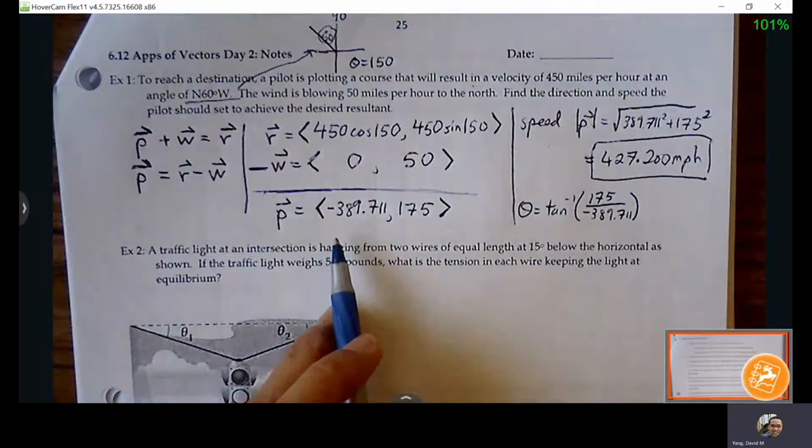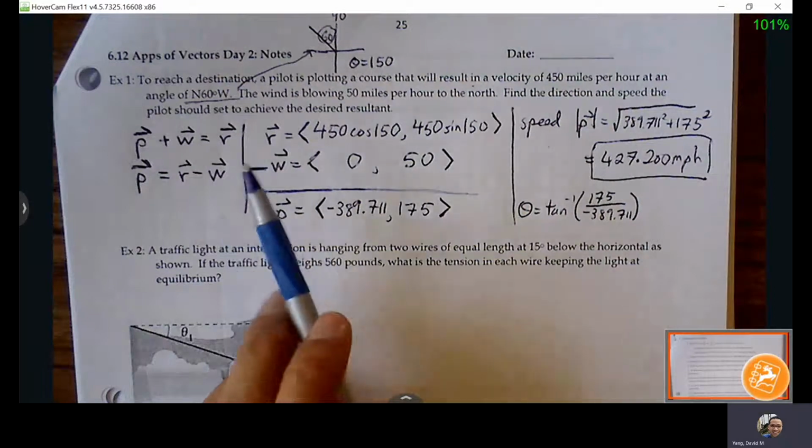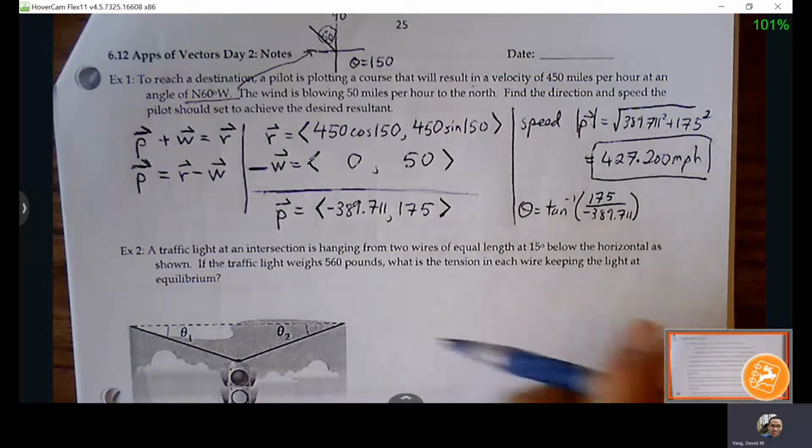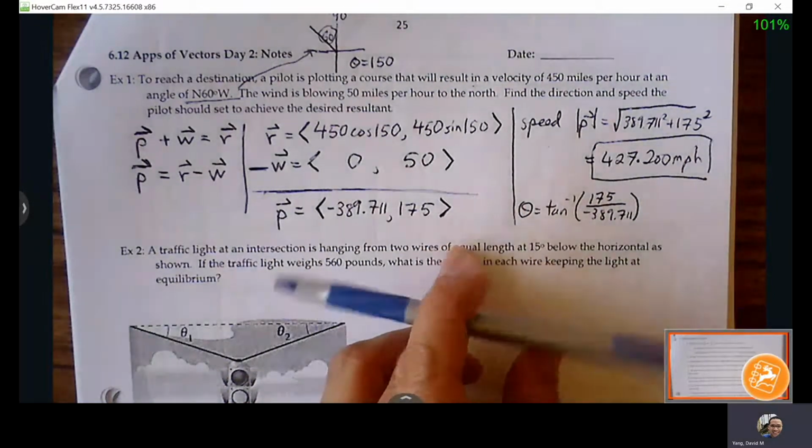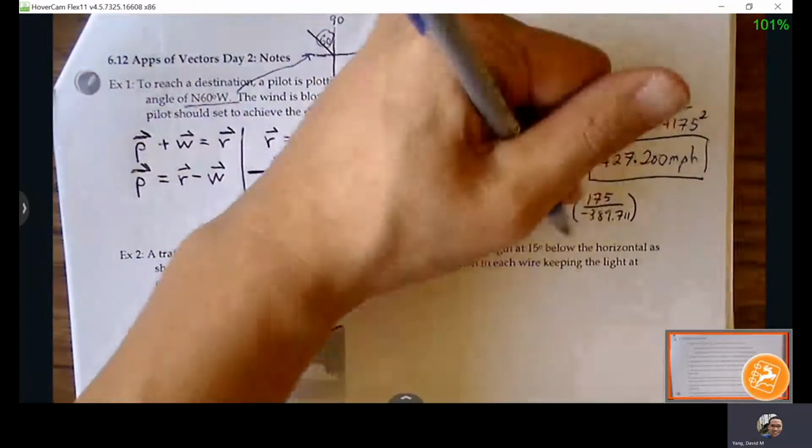This is going to be quadrant 2. No, wait. Negative. Yeah, quadrant 2.